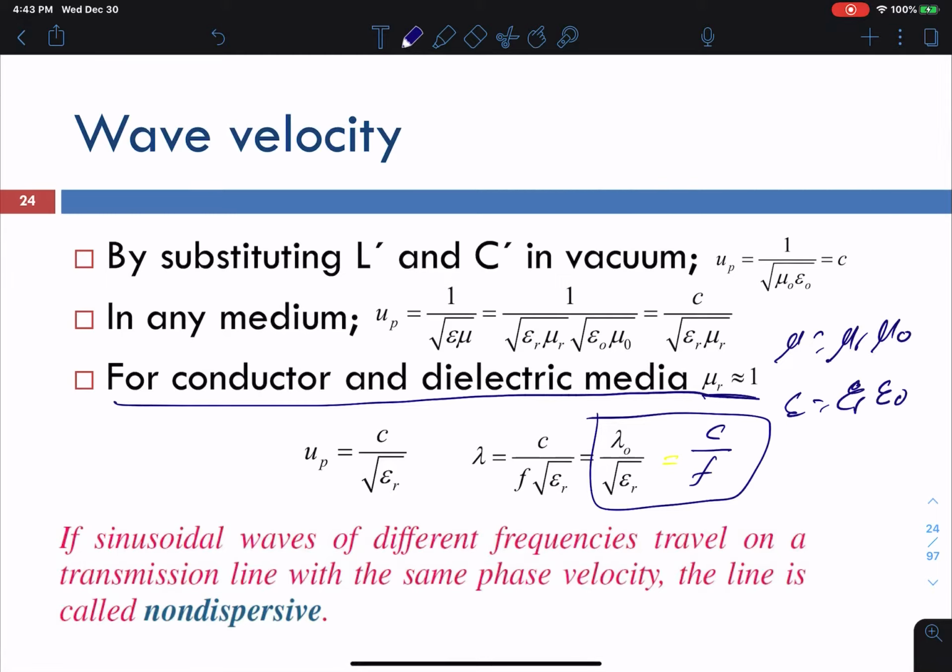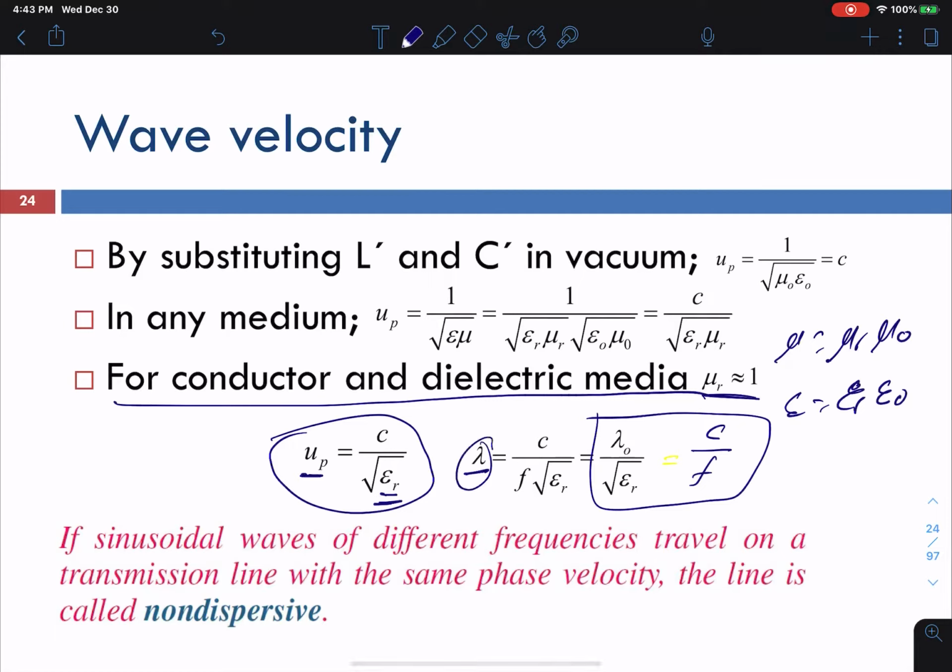So it comes down to C over square root of epsilon r. So your phase velocity, or velocity of a wave, can go as high as the speed of light if epsilon r is 1, right? And also your lambda, the wavelength of the signal, depends on epsilon r.